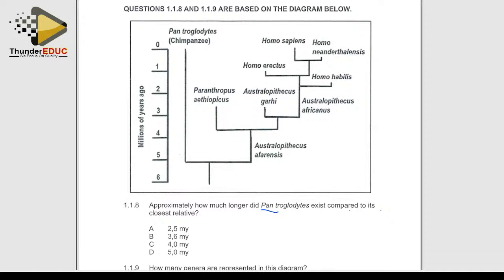So it means, how long did this exist? So this is the pan. So it existed from there up to there. So what we need to do is subtract the recent ancestor. Where is the recent ancestor? They're saying compared to the closest relative. So who is the closest relative?